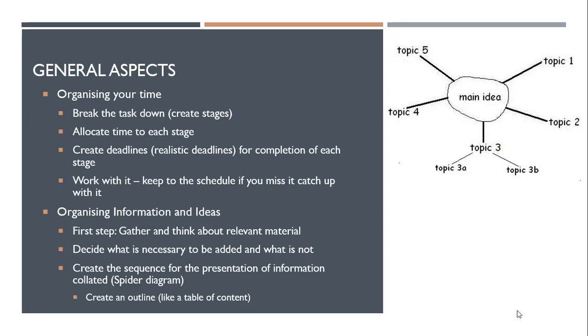A spider diagram, as illustrated on the right side of the screen, is one of the ways by which you could do this. So you have the main idea that you're working with. It could be domestic violence. It could be intra-community conflict, and traditional governance structure.